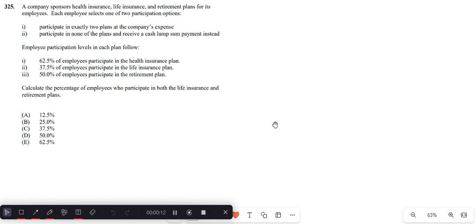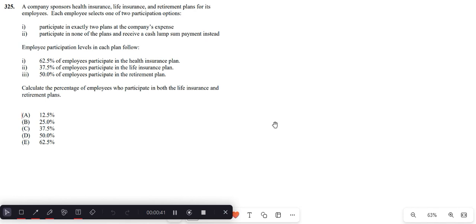So the question reads: a company sponsors health insurance, life insurance, and retirement plans for its employees. Each employee selects one of two participation options: participate in exactly two plans at the company's expense, or participate in none of the plans and receive a cash lump sum payment instead.